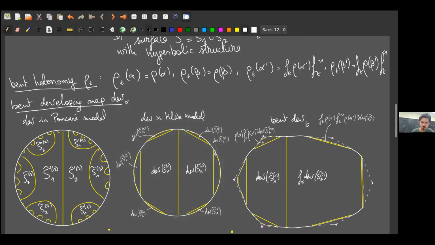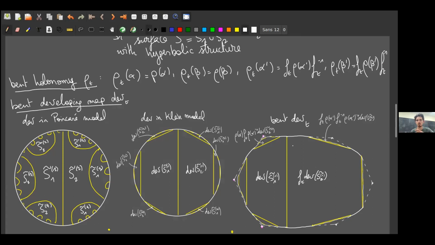This other copy of S2 tilde adjacent to the first copy of S1 tilde gets stretched not by Ft, but by a conjugate of Ft. This copy of S1 tilde adjacent to the S2 tilde is of course first stretched by Ft and then compressed by a conjugate of Ft minus 1, and so on.